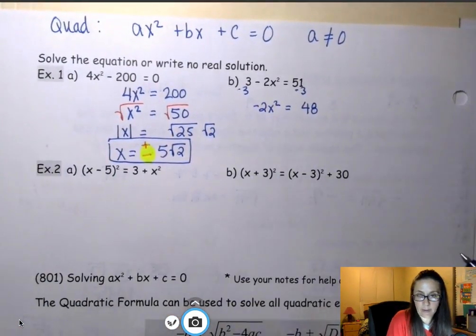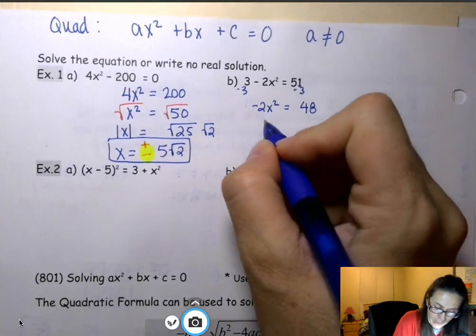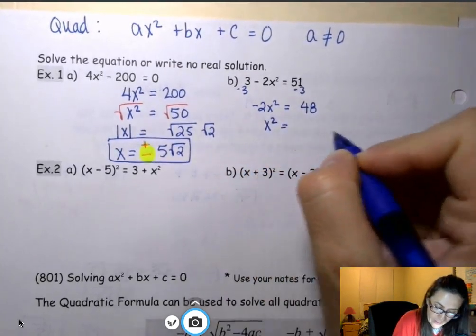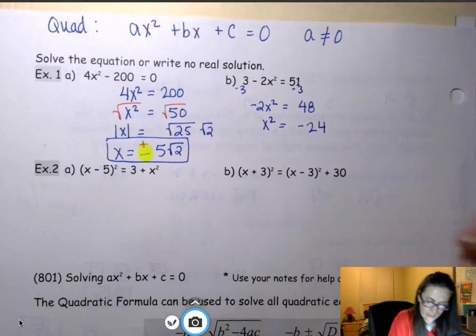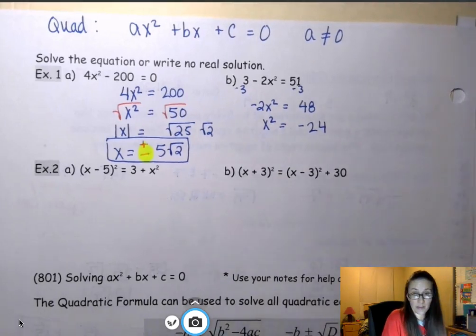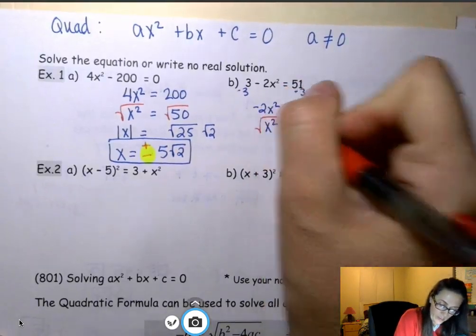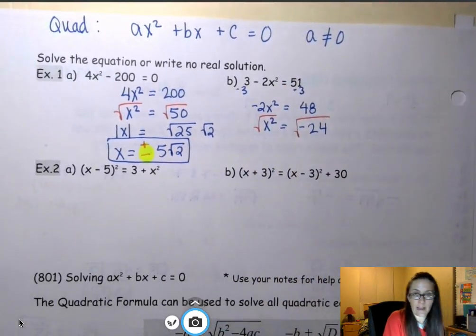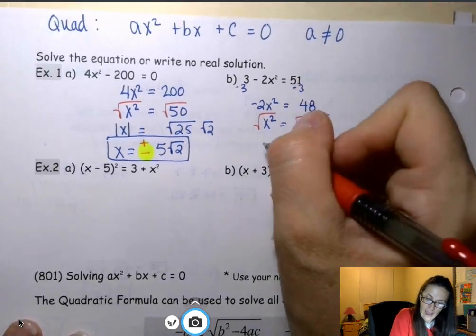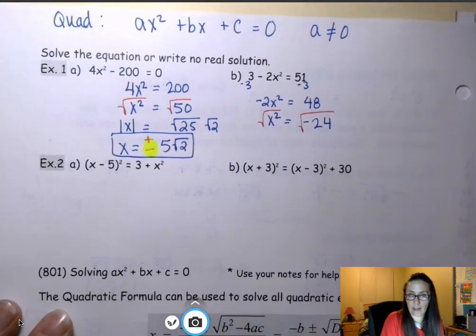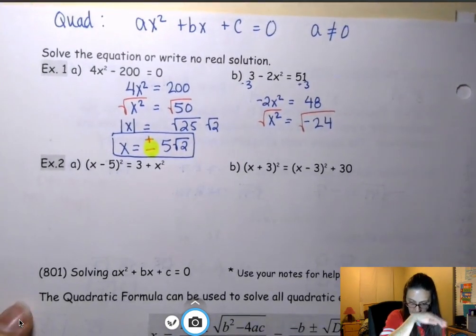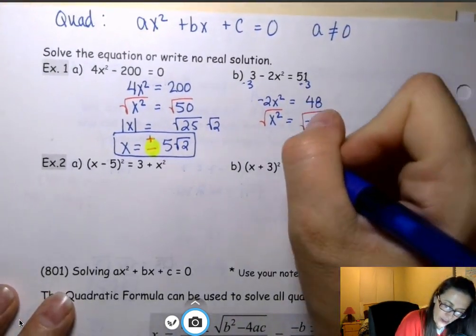I'm going to divide both sides by negative 2. I end up with x squared equals negative 24. Okay, I need to put that square root in there. I'm going to get rid of the x squared. I'm going to square root both sides. That inverse operation of squaring something is going to be square rooting it. Can you take the square root of a negative? So right away, I now know that this is no real solution.